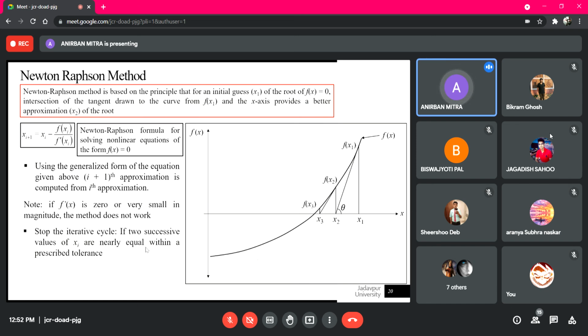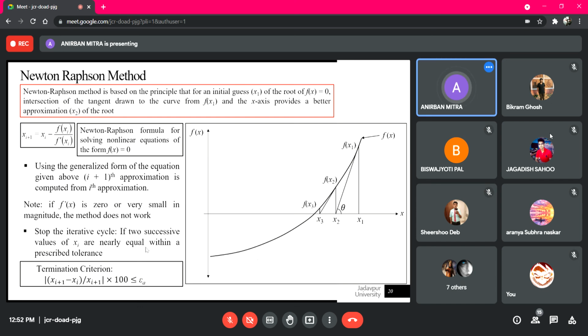The next obvious question is when do we stop the iterative cycle? One way of stopping this is if the two successive values of xi are nearly equal within a prescribed tolerance. That is another way of saying that the relative approximate error has fallen below the pre-specified limit. So this is the termination criteria.